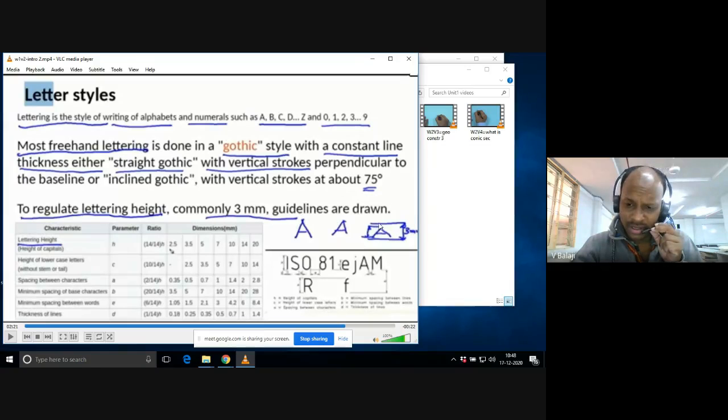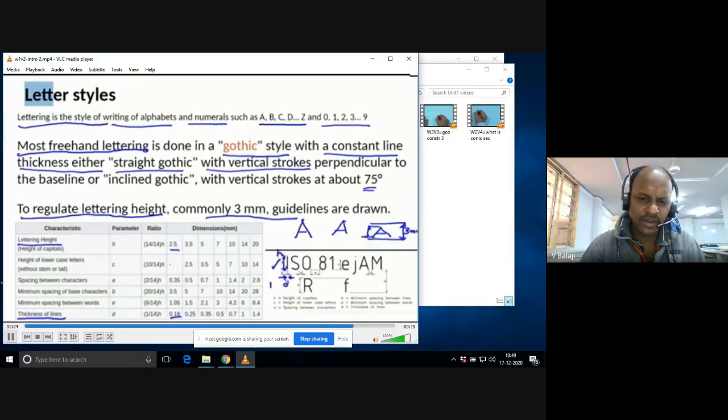And while drawing horizontal lines, use a 2H pencil only. But anything you write, use an HB dark pencil. Even numbers also, you have to use an HB pencil. But horizontal lines to insert that lettering or numbering, you have to use a 2H pencil.